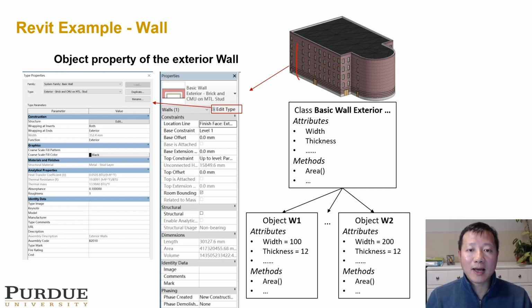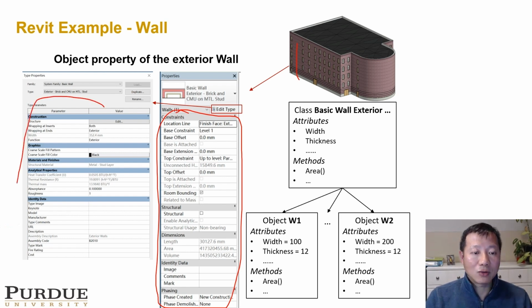As you can see, we have a list of attributes right here and have all the values specified for a specific object. On the other hand, we can open up the class window, right? By clicking this Edit Type, it gives us another list of attributes.